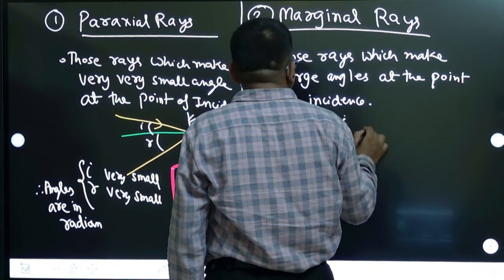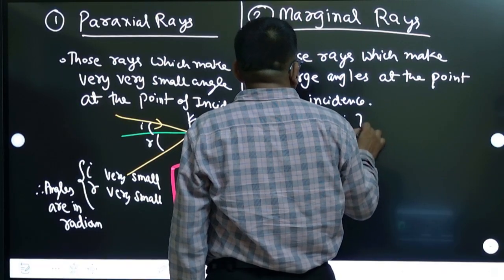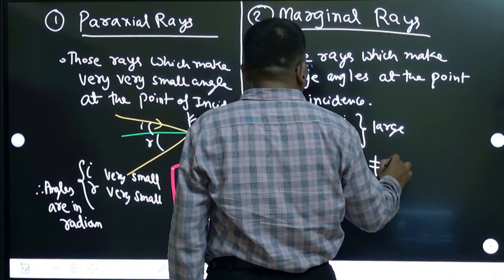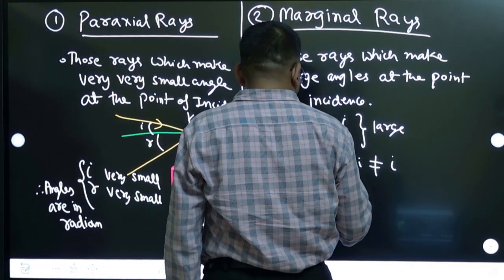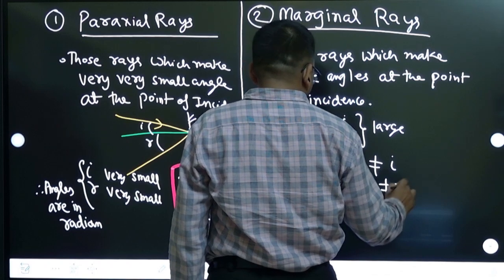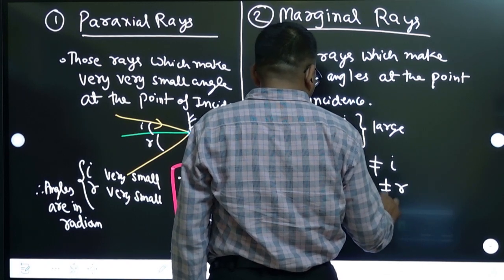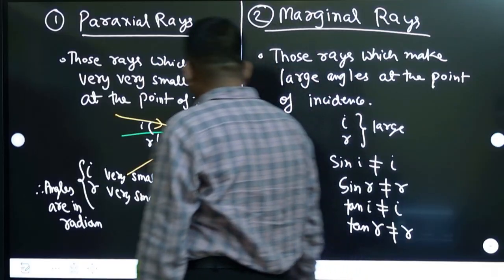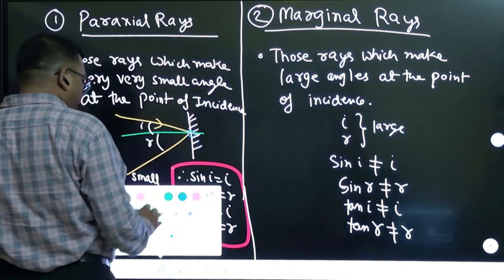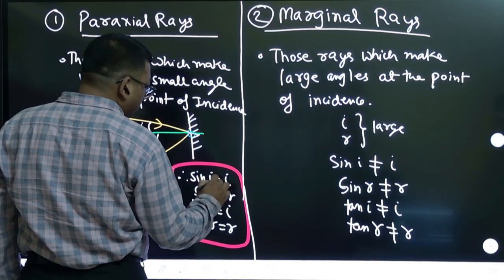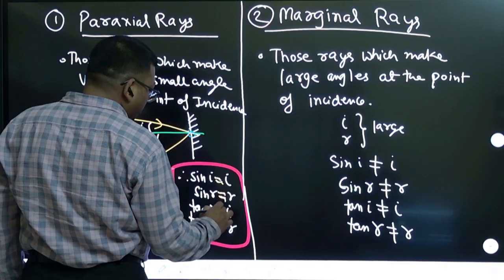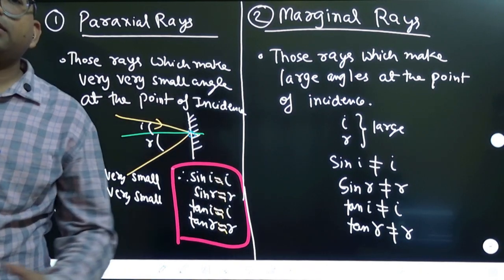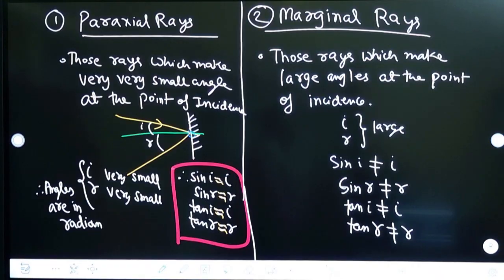That means I is large, so sin I cannot be equal to I, sin R cannot be equal to R, tan I cannot be equal to I, tan R cannot be equal to R. Note that this is an approximation sign, I am not equating. We are approximating sin I as I because I is very small.